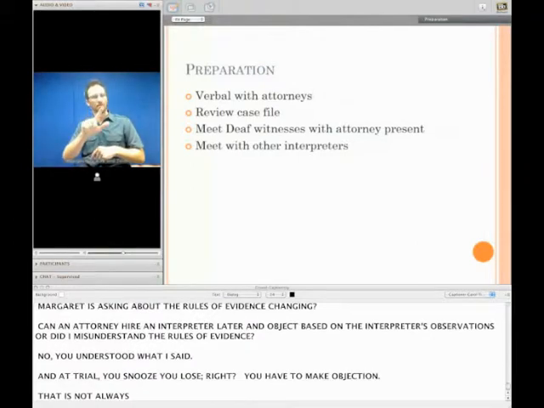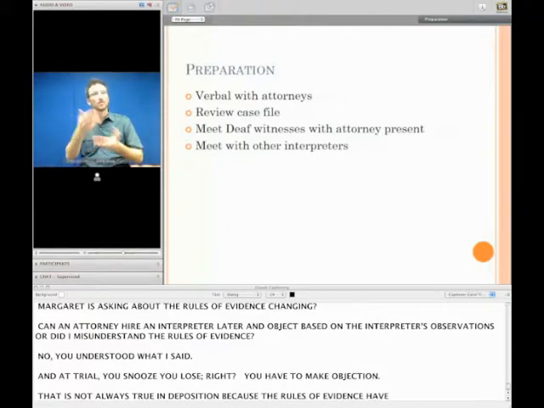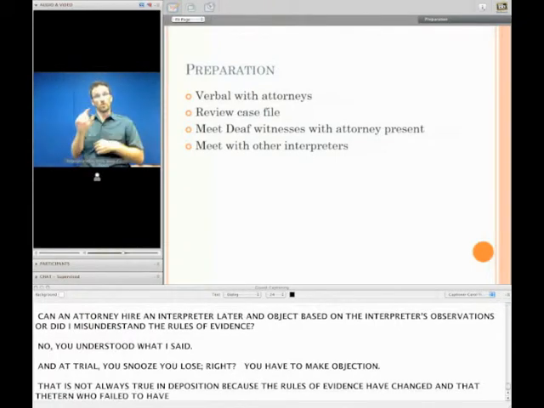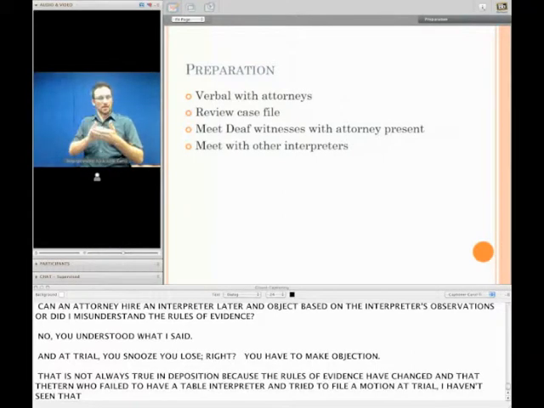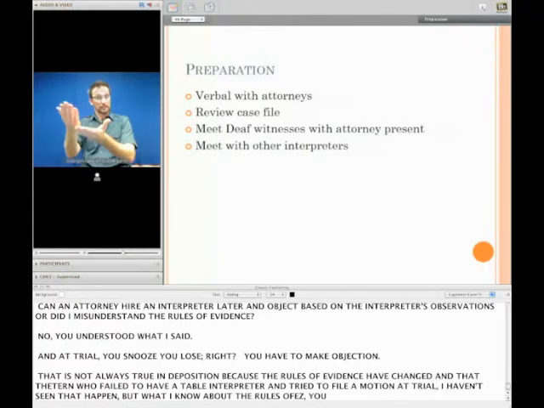So it may be that an attorney who failed to have a table interpreter then had the interpretation reviewed on video and tried to file a motion or to create an issue for appeal at trial. I haven't ever seen that happen, but what I know about the rules of evidence are you don't actually waive your right to object unless, there's a couple of different variations.